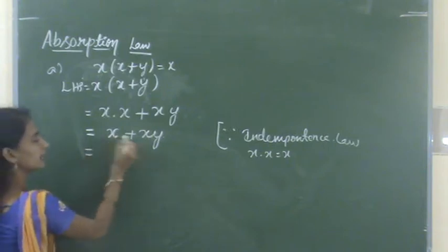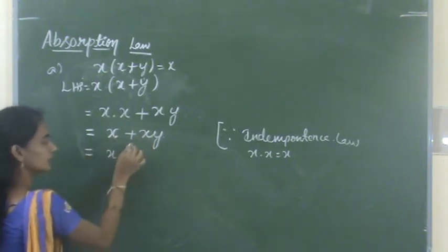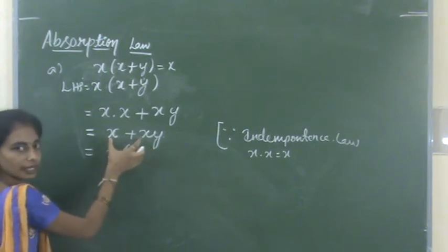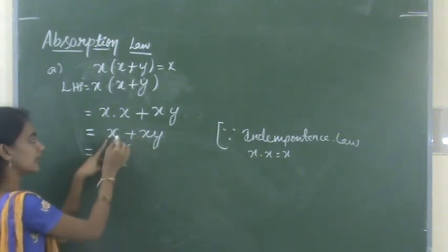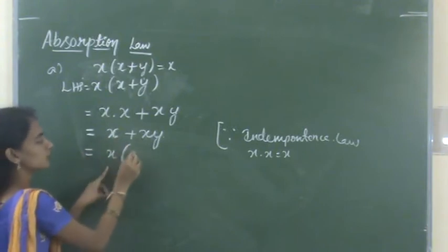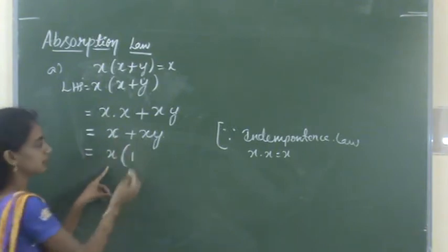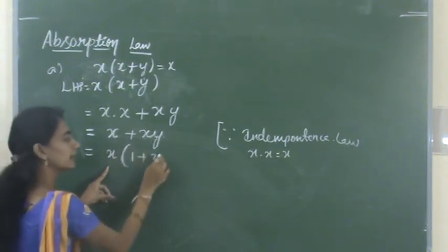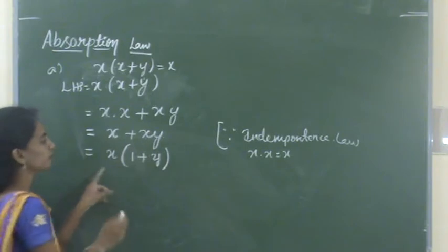Now I take x as a common factor in these two terms. If I take x common, the remaining part in the first term is 1, and in the second term it is y.